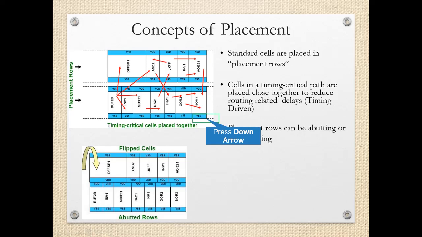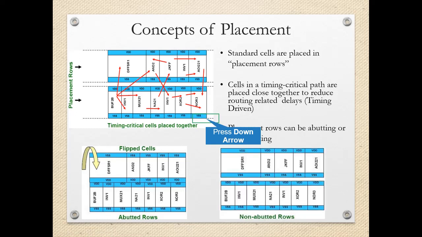So there is no spacing in between. The VDD of the upper row and VDD of the downward row of placement is combined. This is called an abutted row, and then I have the non-abutted also, in which a clear channel or spacing is kept between the two rows of the standard cells.